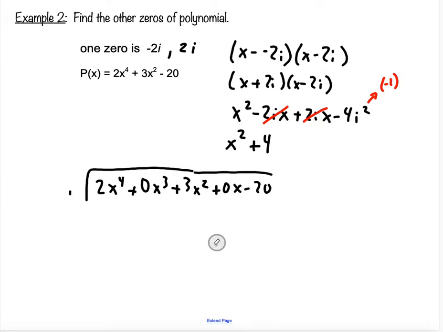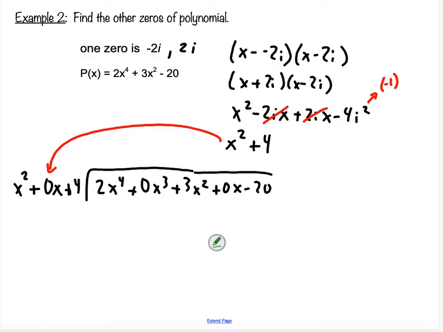And then over here I missed one of them. So x squared plus 0x plus 4.